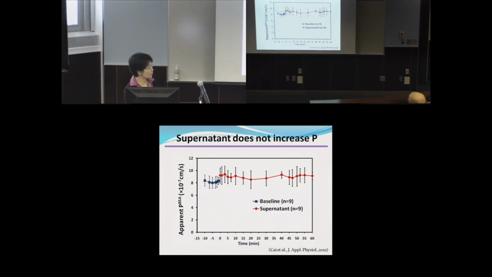Later we have to check, because we perfuse tumor cells for roughly 1 hour, if the secretion by tumor cells will increase the permeability. Then we get the supernatant from 1 hour of this type of tumor cell. We measure permeability. It doesn't increase significantly.